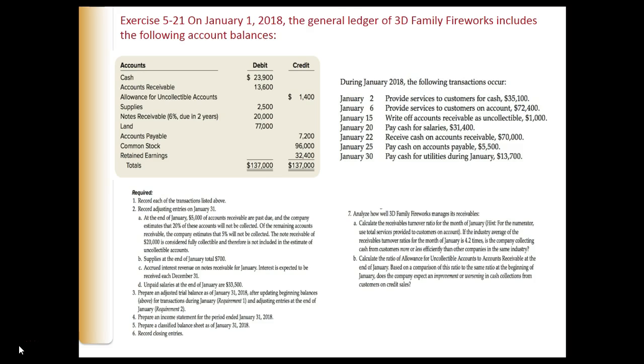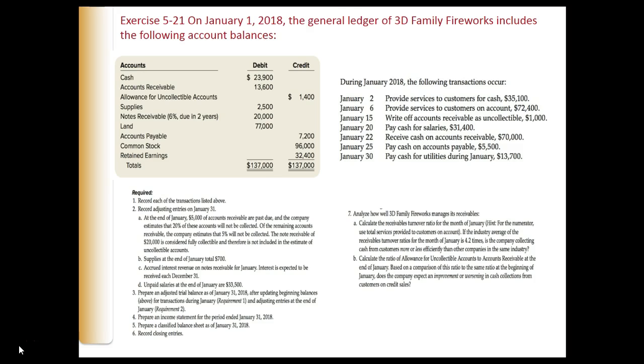We're going to finish with exercise 521. On January 1st of 2018, the general ledger of 3D Family Fireworks includes the following account balances. So we've got cash of a debit $23,900, accounts receivable $13,600. The allowance for uncollectible accounts is a credit $1,400.